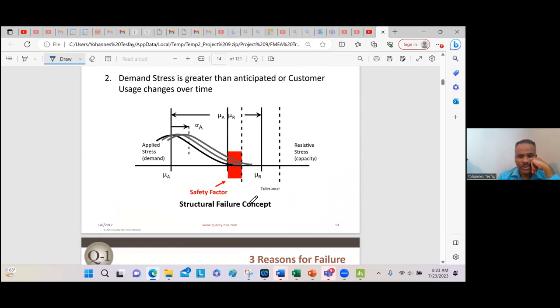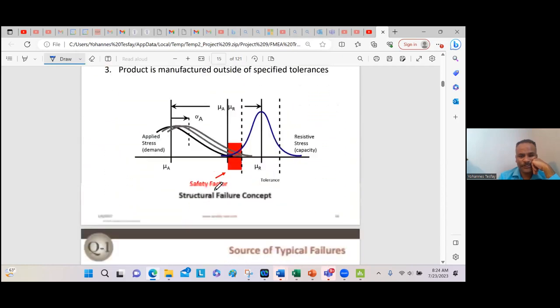So now the third one is demand stress is greater than anticipated customer change. This is a safety factor, but applied stress demand is going to be from this direction. Resistive stress capacity is going to be in those directions. So that's going to be the anticipated customer usage over time.